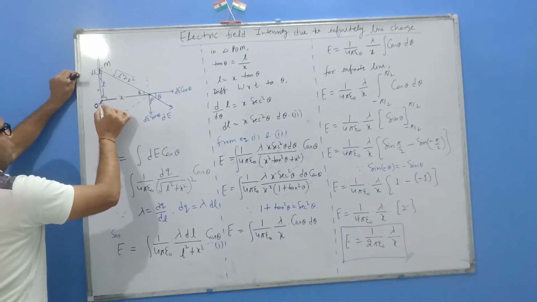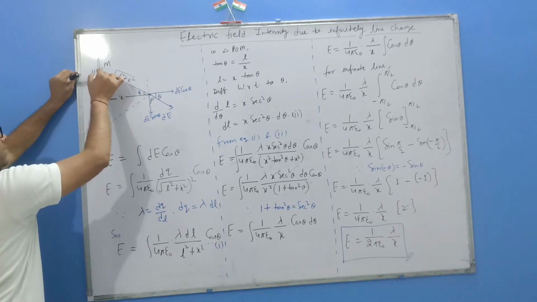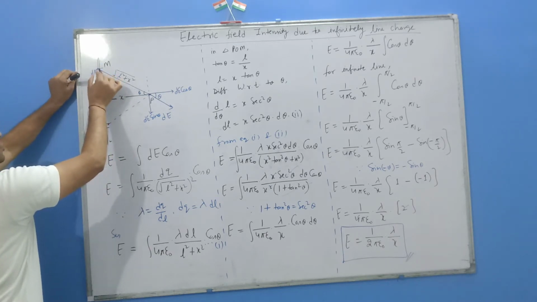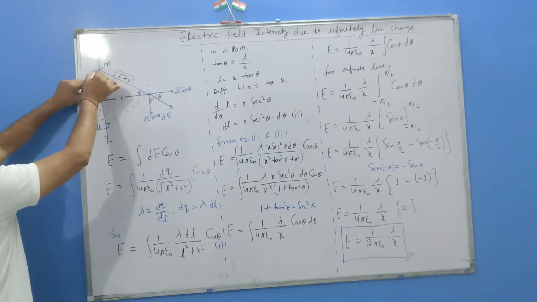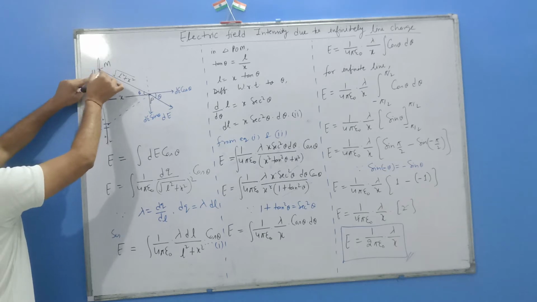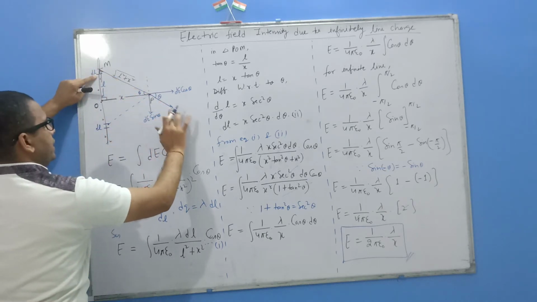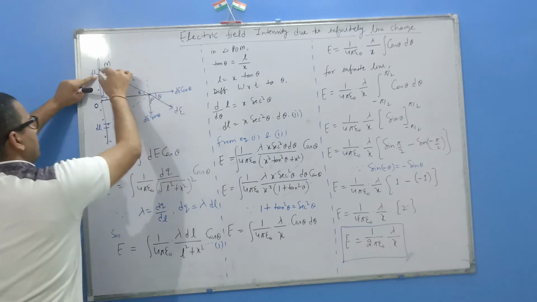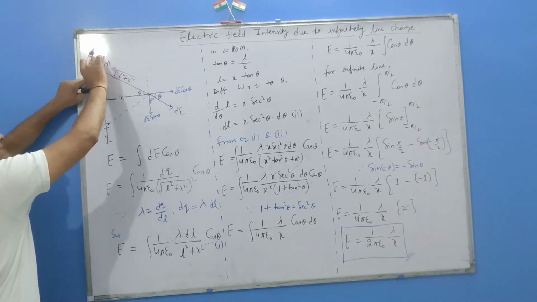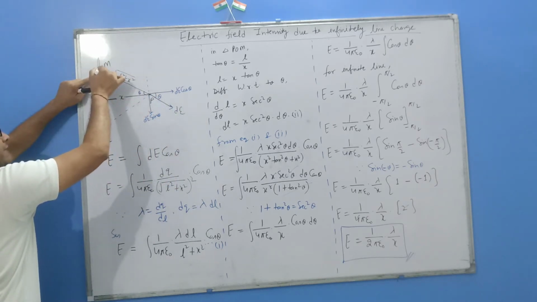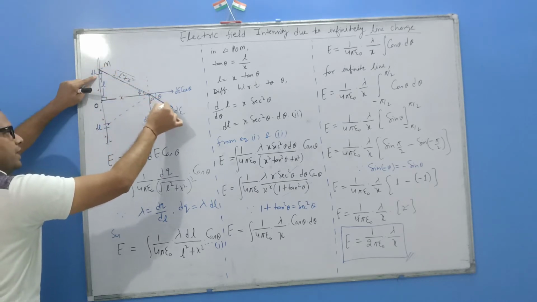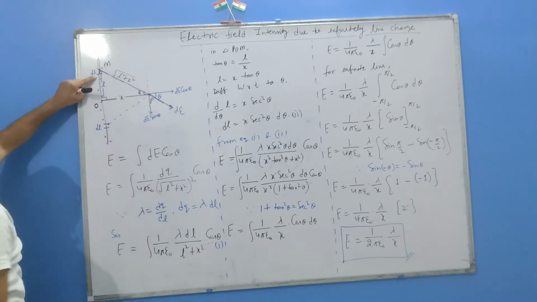From this point O at a distance L there is a point M, and here there is a small line element dl. So due to this line element dl at point P, the intensity is dE, along the line of action.